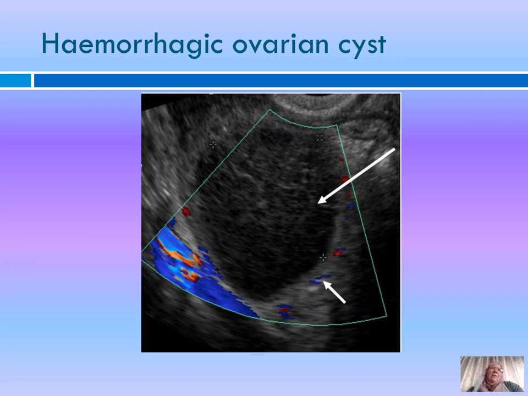This is a picture of a hemorrhagic ovarian cyst. You can see a cyst, which could be a simple cyst, but it's not simple, because a simple cyst would be completely black, but this cyst shows some hyperechoic material, and this represents blood.